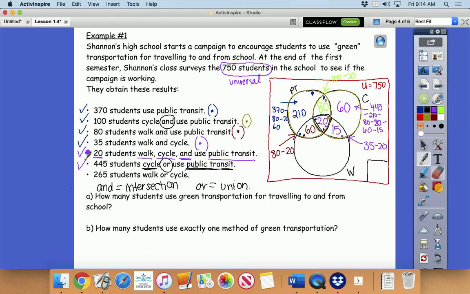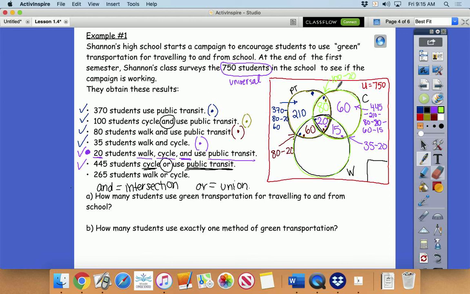Our last piece of information that's given is 265 students walk or cycle. I'm going to use green to outline that for you guys. So walking would be this entire circle, and cycling would be this entire circle. They should add up to 265 because of the keyword or. Or means union, that means add up all the numbers.